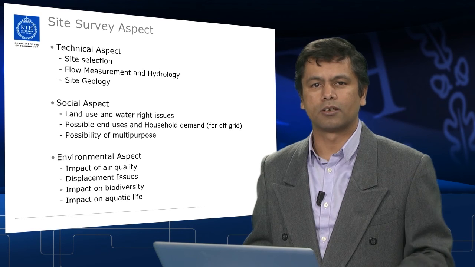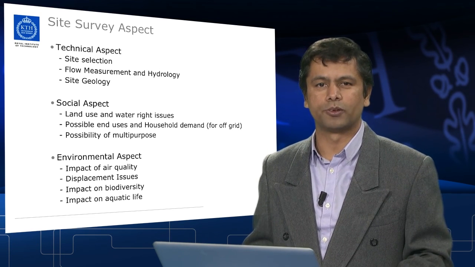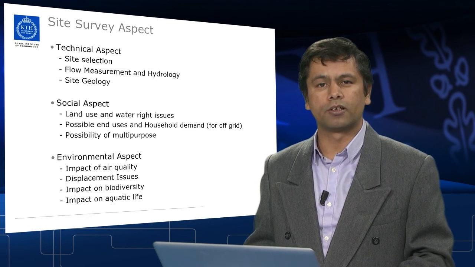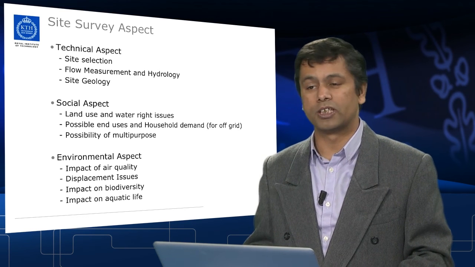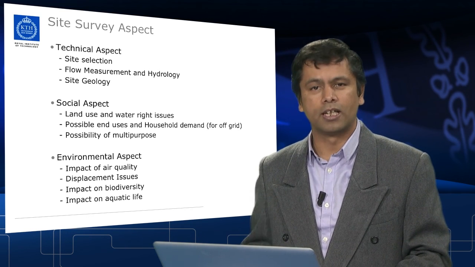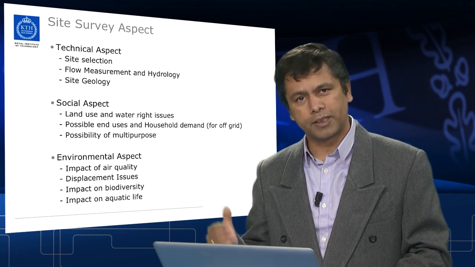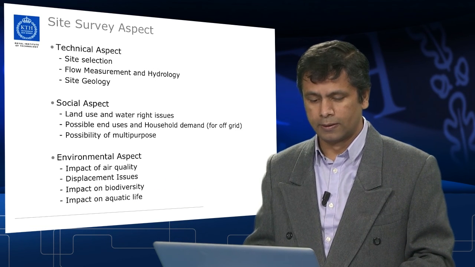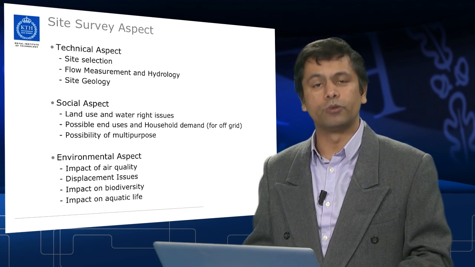The sediment concentration available in the water determines the sizing of your desilting basins, and the water quality determines whether or not you have to have anti-corrosive paint inside the penstock. If the water is too acidic, then you need anti-corrosive paints, especially in the different components of the hydropower. So these are the very important technical aspects that you need to consider.